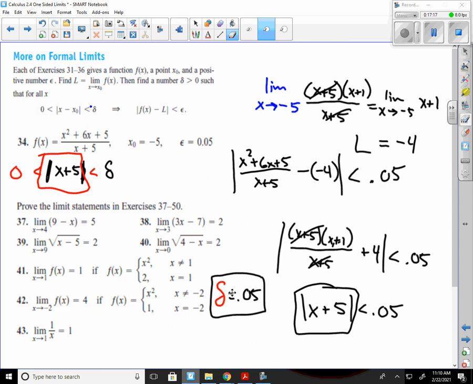So we can just leave it as 0.05. If not, I could plug in an x to make it between negative 0.05 and 0.05. But that would actually just be solving this out like I started to do, where it was negative 0.05 less than x plus 5 less than 0.05, and subtracting the 5 gives you negative 5.05 and negative 4.95, and that would tell you your interval that x has to fall within. But just saying delta being 0.05 is good enough.